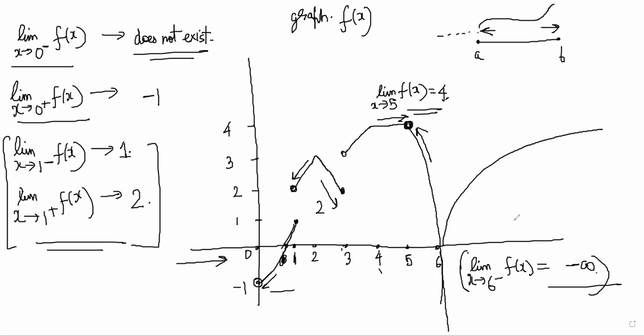And limit x tends to 6 plus fx is equal to 0, because it starts from right here. So obviously at 6, the limit does not exist, because 6 minus and 6 plus is not the same, correct? Okay, so this is the understanding that you need to have.